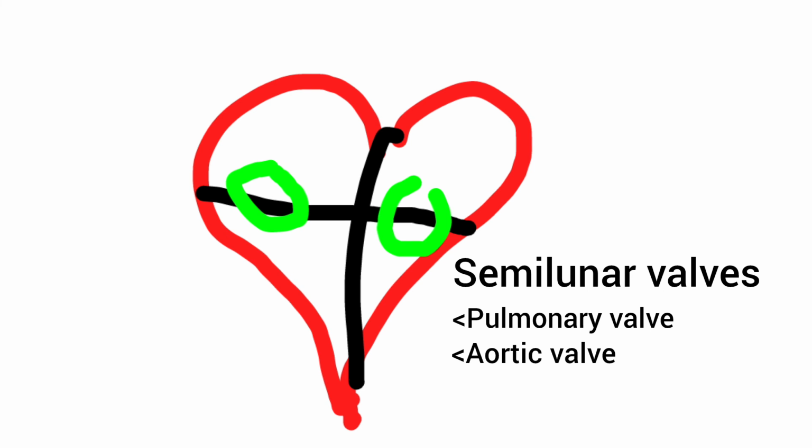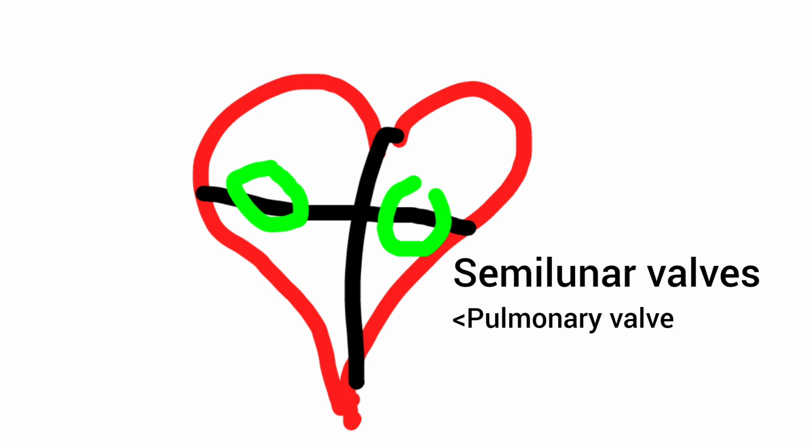So you need to know the position of these valves. The pulmonary valve is between what? It's between the right ventricle and the pulmonary trunk. And between the aorta and the left ventricle, you have the aortic valve.